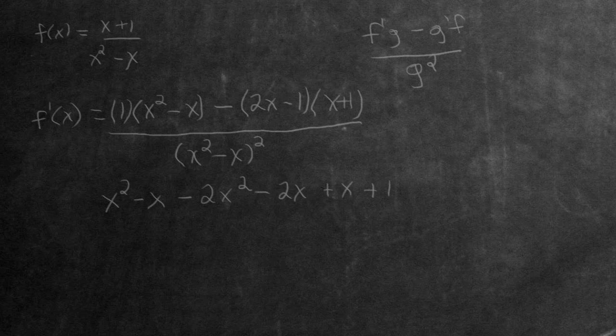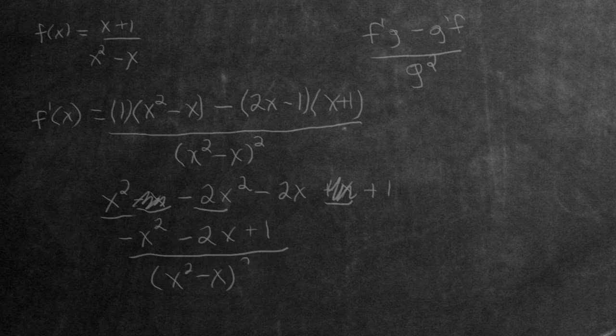Now combining like terms, we have a negative x squared. These two terms here, the positive x and negative x, cancel out, so we can ignore those. And we have negative 2x, and then a positive 1. And all of this, mind you, is over x squared minus x, all squared.